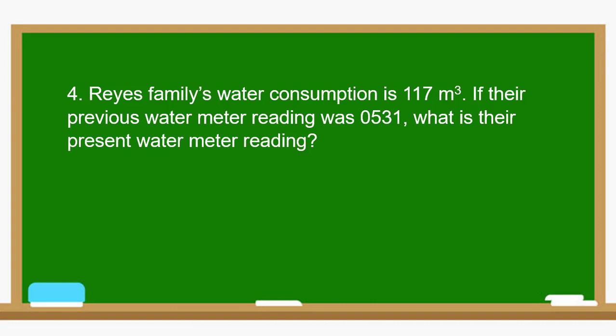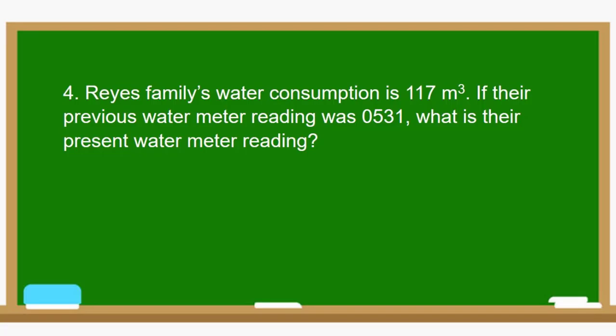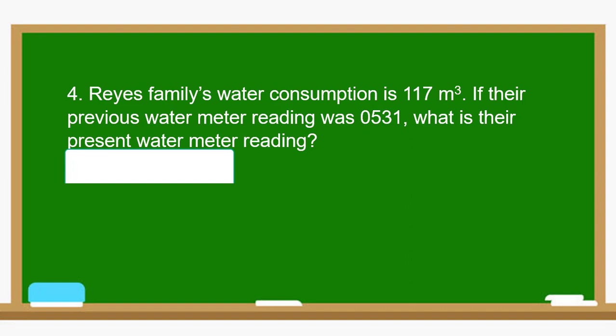If their previous water meter reading was 531, what is their present water meter reading? The answer is 648 meter cube.